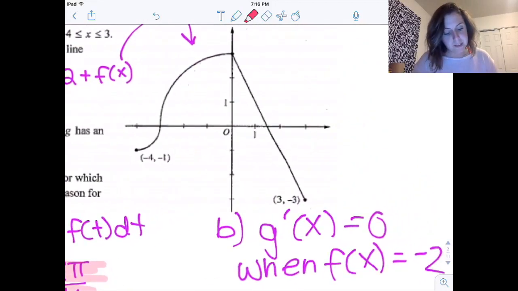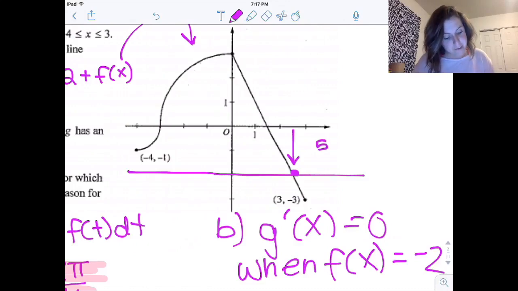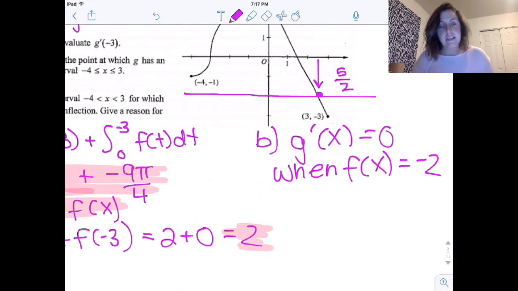So I'm going to look at my graph here and say, okay, where does that equal negative 2? It's right here. That value is at 5 over 2, or at 2.5. And so I think that's where my maximum will be. So x equals 5 over 2.